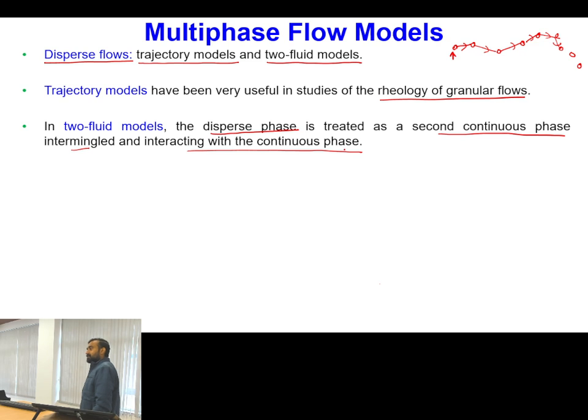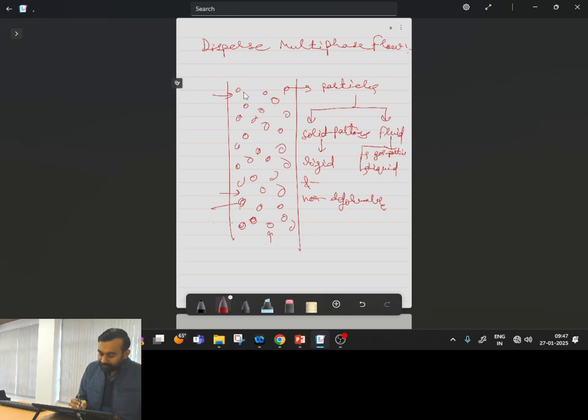Our assumption is that the dispersed phase is also a second continuous phase, but intermixed and interacting with the other. It means that whatever different particles I have drawn over here, I am combining all these together, and their combination I am referring to as a second continuous phase.